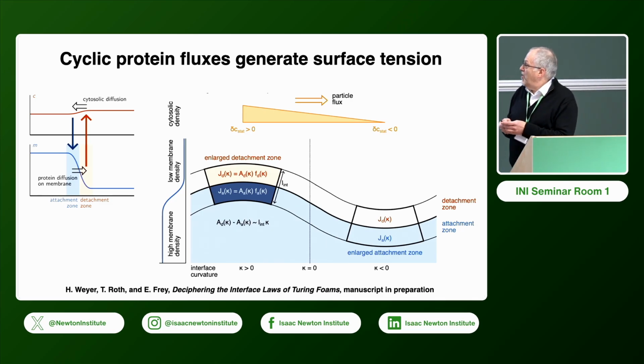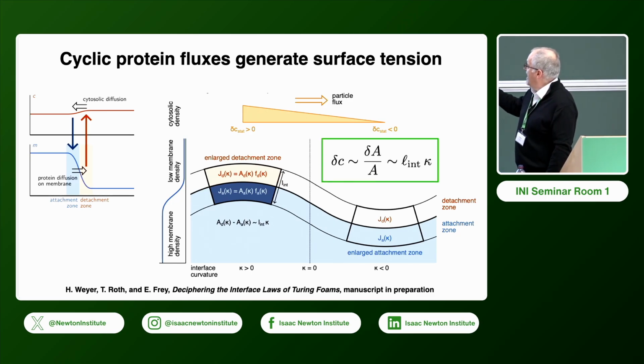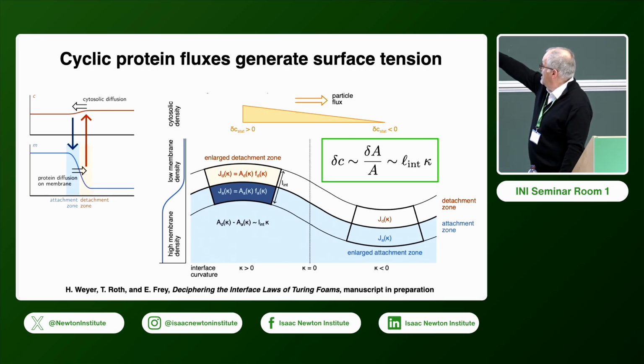All right, so I hope you got the point of this, and that means you have a Gibbs-Thompson relation that comes from reactions, which says that the shifts in the concentration of the proteins in the cytosol are proportional to this area change, and that's proportional to the width of the interface times the curvature.